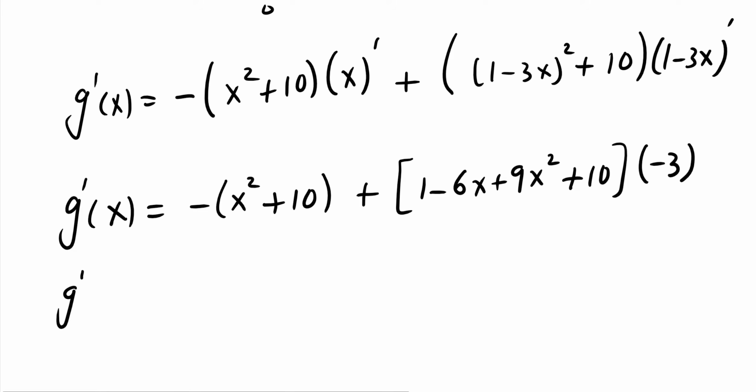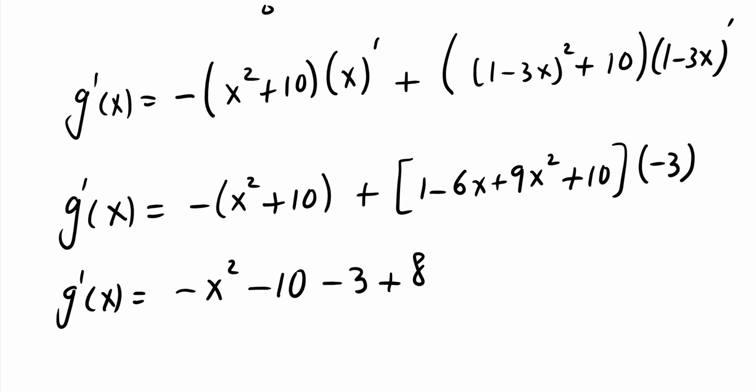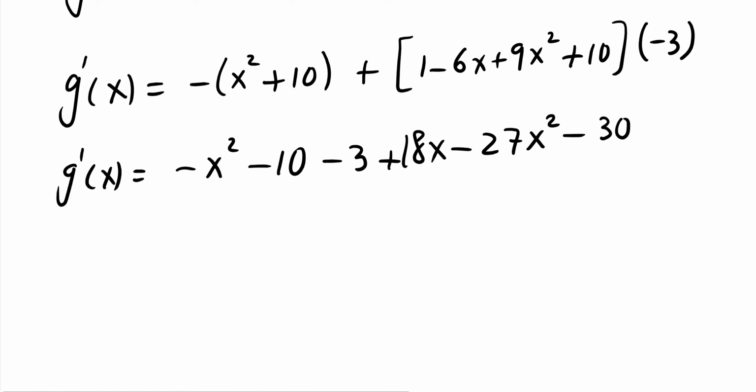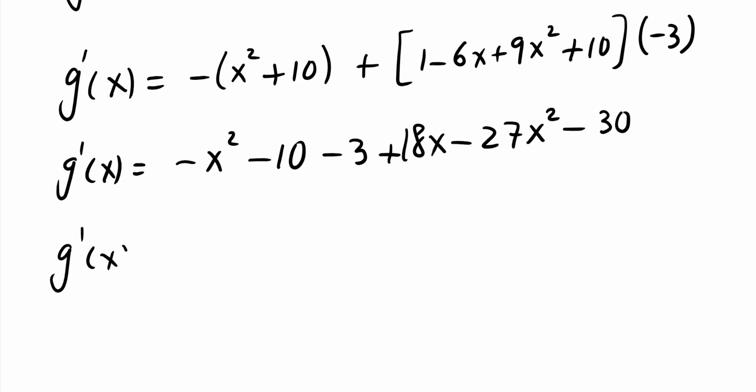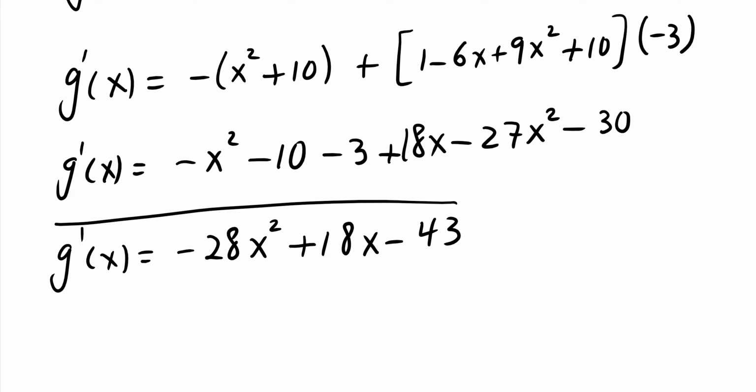Distributing, we get negative x squared minus 10 minus 3 plus 18x minus 27x squared minus 30. Combining like terms, g prime of x is negative 28x squared plus 18x minus 43.